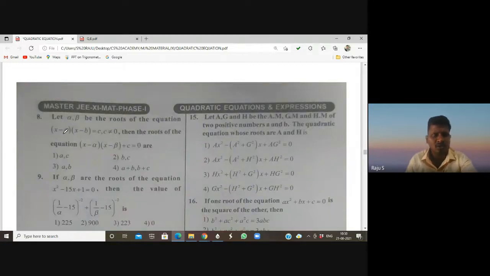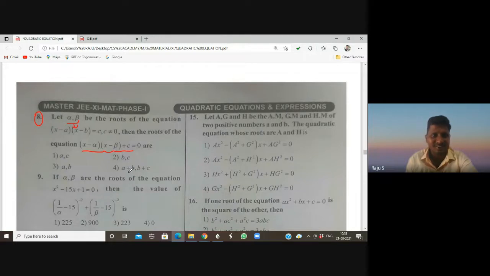In that, question number 8: let alpha, beta be the roots of the equation. Then what are the roots of this equation? Is it clear? Here x minus a, x minus b is equal to c. Then alpha, beta are the roots. Then x minus alpha into x minus beta plus c.